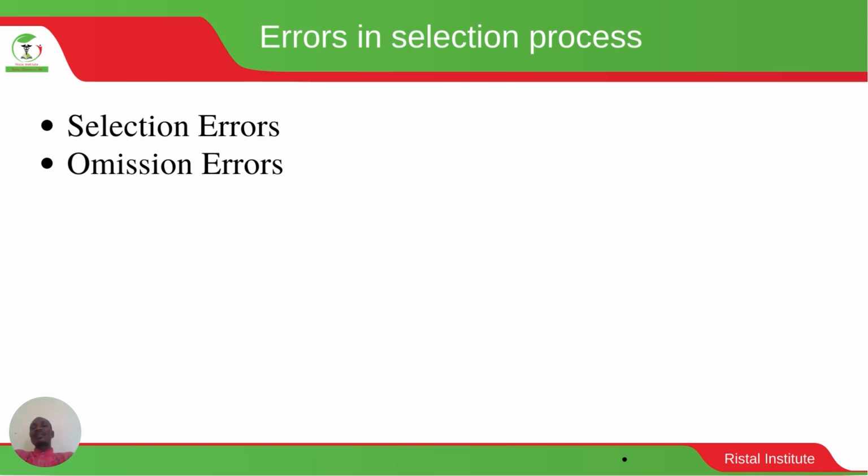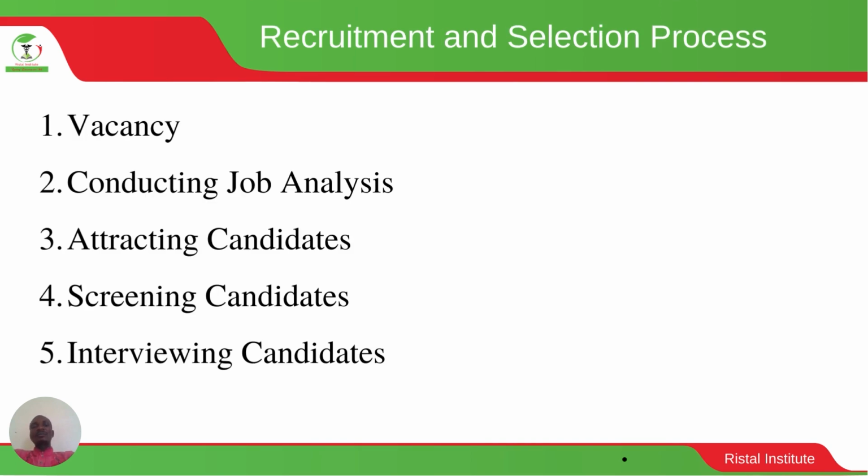So these are some of the errors which we cannot completely avoid during the recruitment exercise. However, we can minimize them depending on how we handle the interview, and how we phrase our questions to determine who is really qualified for what position. So these are the errors in the recruitment process.